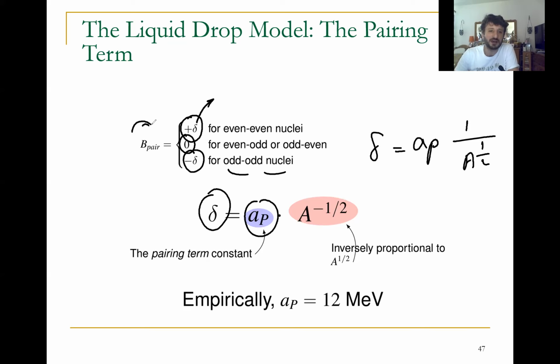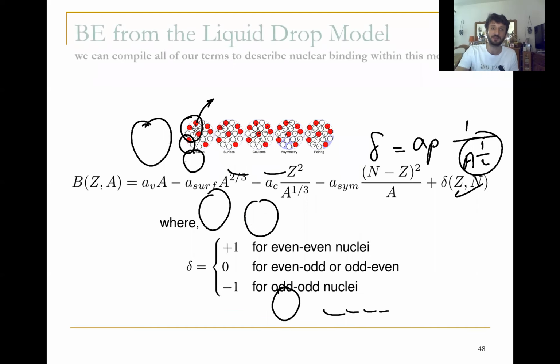So B pair is inversely proportional to A to the one half. Empirically AP equals 12 mega electron volts. That's all about the factors which can affect the values of the binding energy.